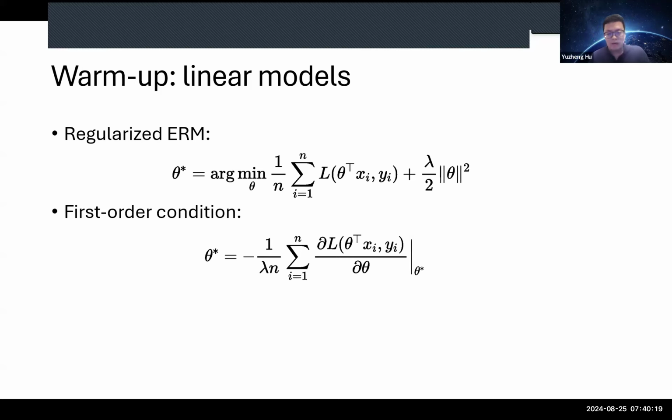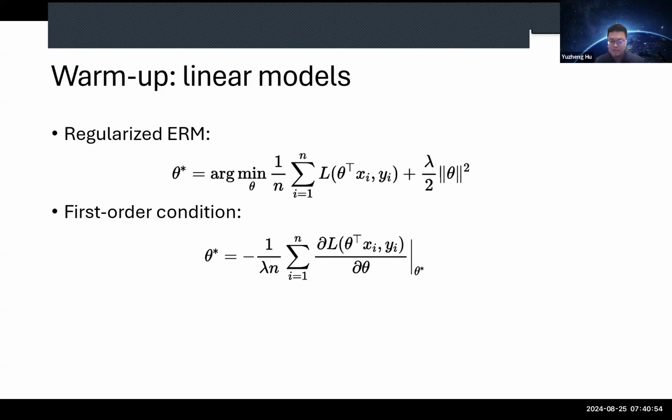Say we assume L is a convex function, then this problem is strongly convex and admits a unique solution. By solving the first order condition, we can see that the optimal parameter theta star can be expressed as a linear combination of the partial derivative of the loss function with respect to the parameter.